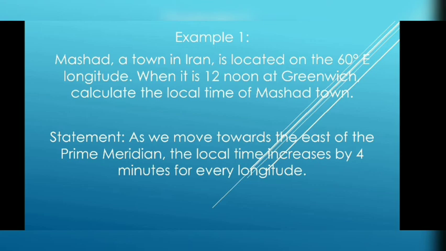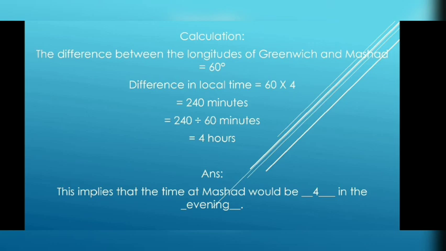Solution. As we move towards the east of the prime meridian, the local time increases by 4 minutes for every degree of longitude. The difference between the longitudes of Greenwich and Mashhad is 60 degrees.